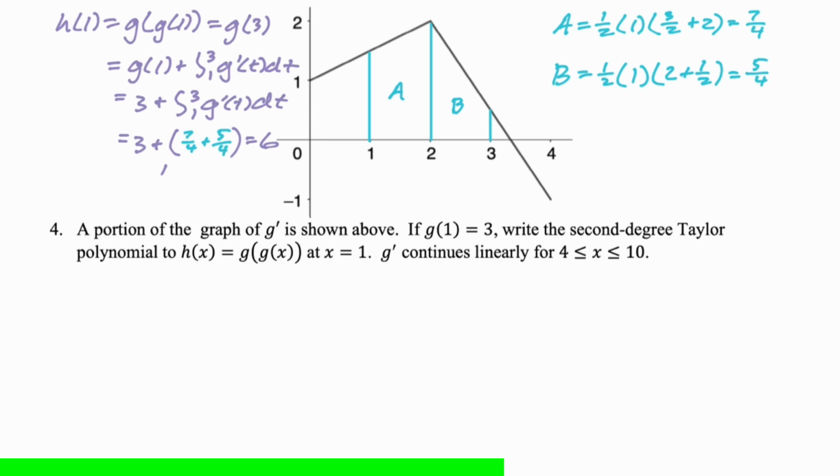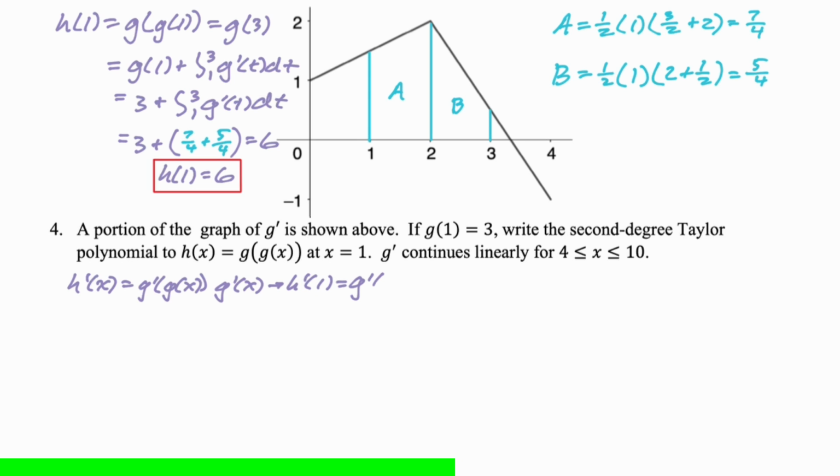So h prime is going to be g prime of g of x times g prime of x, right? The derivative of something is g prime of that thing times the derivative of that thing. That's what we've done there. So for h prime of 1, it'll be g prime of g of 1 times g prime of 1.